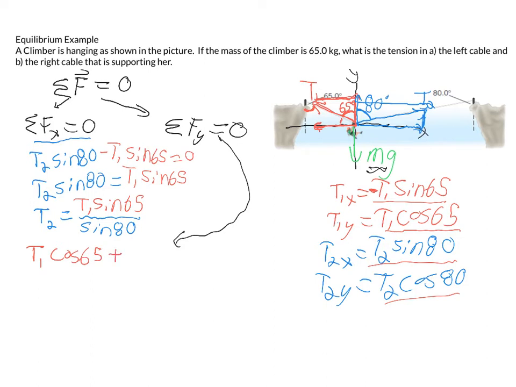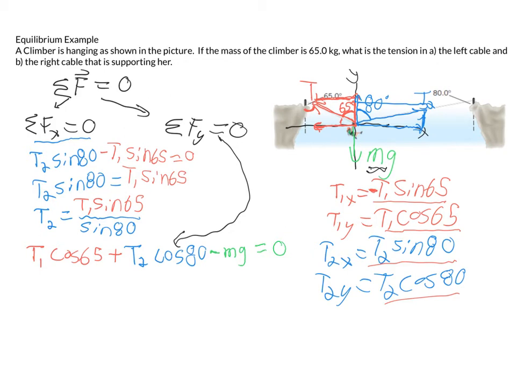Also in the positive y direction, we have T2y, which is T2 cosine of 80. And we also have, don't forget about it, the weight, which is in the negative y direction, so minus mg, and that's everything. Minus mg equals 0. So we know m and we know g, but we still don't know T1 or T2.